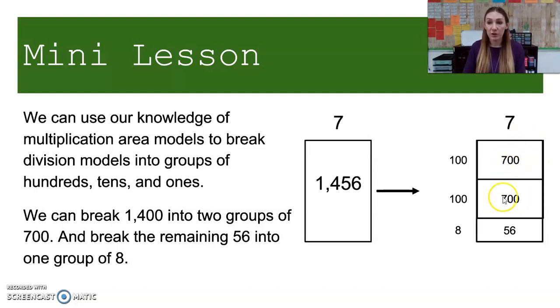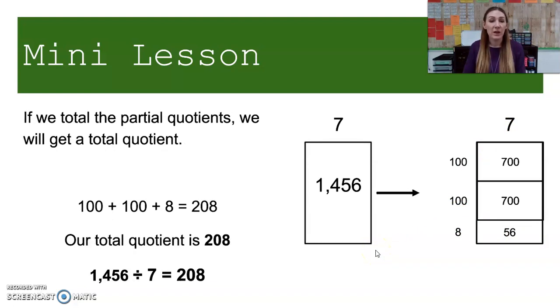So I have 2 groups of 700 for a total of 1,400, and then break the remaining 56 into one group of 8. 56 divided by 7 is 8. If we total the partial quotients, we get a total quotient. So 100 plus 100 plus 8 equals 208. So 1,456 divided by 7 is going to equal 208.